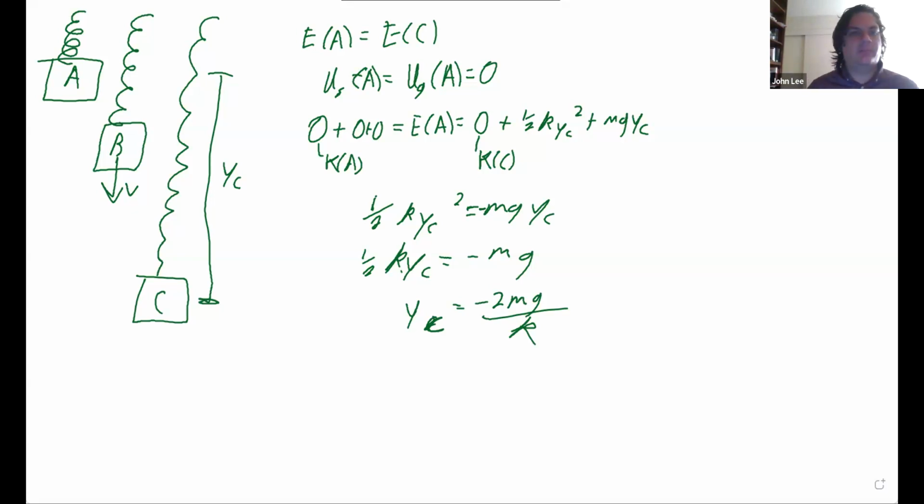The second part of the problem is this: YB is halfway in between YC and YA. So this is equal to YC over 2.